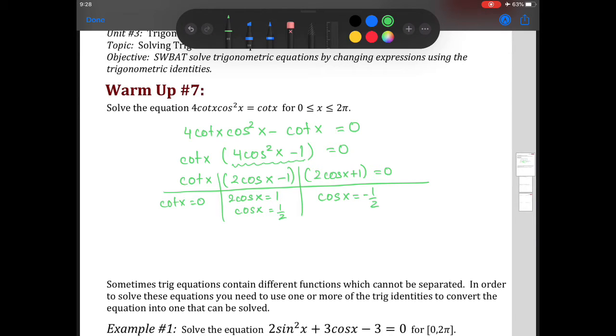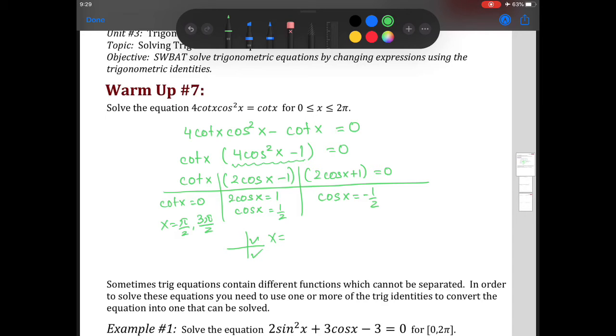When is cotangent x 0? Wherever our cosine is 0. So our cosine is 0 at what values? 90 degrees, which is pi over 2, and 3 pi over 2. Now where is cosine half? Cosine is positive, so you're going to be in the first and the fourth quadrant.